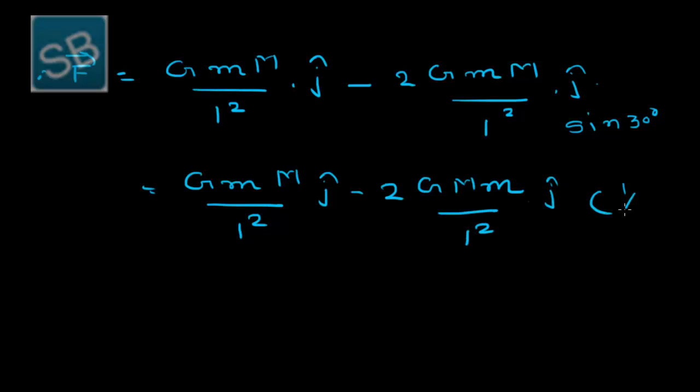The value of sin 30 is 1 by 2, so this 2 is cancelled out. So now GMm j cap minus GMm j cap. So the resultant force acting on this system, the equilateral triangle, from the vertices is 0.